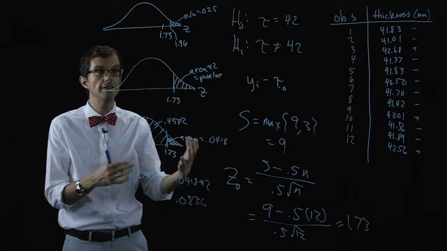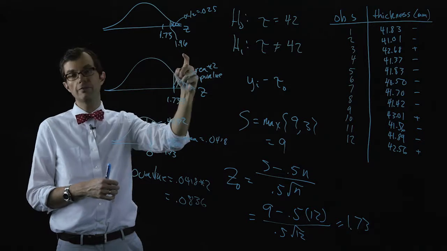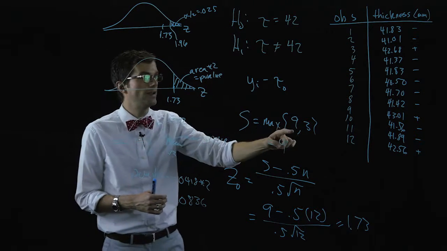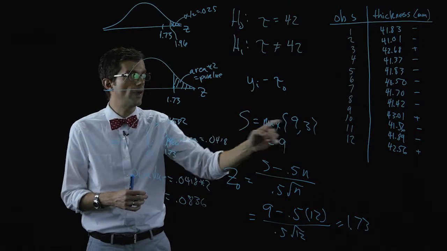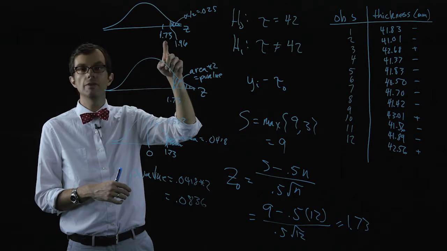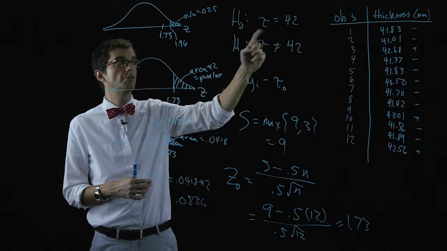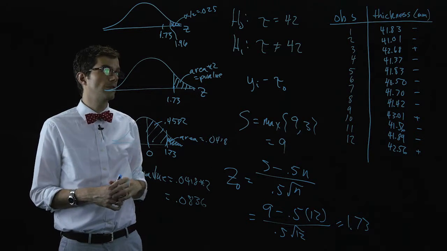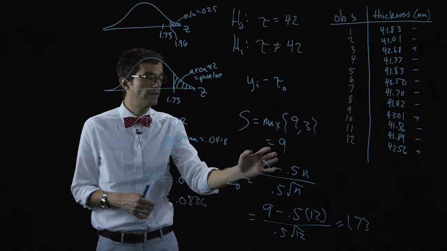However, this is just a weak test. If we wanted to draw conclusions with 95% confidence, we would not reject the null. Even though 9 of those values, 3/4 of the values, lie on one side of tau, with 95% confidence we would not reject the null and conclude that the median really is 42. So this is just a weak test.